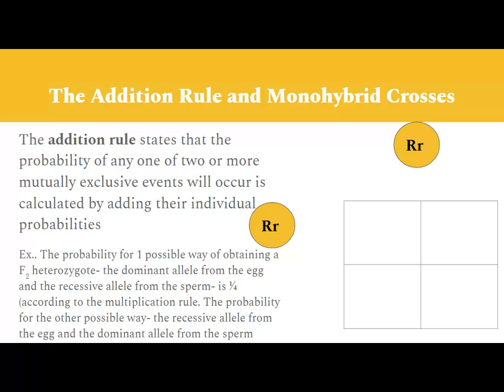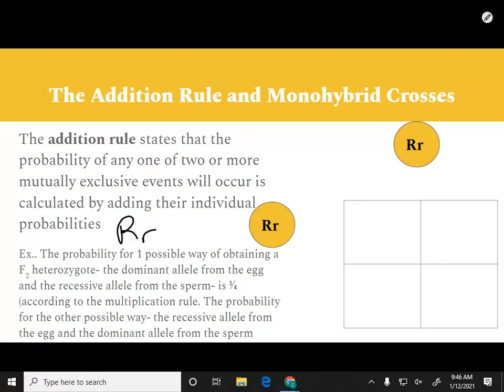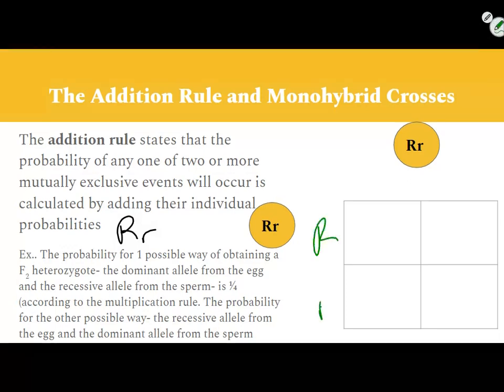So let's say we want a heterozygote from this cross. We want an offspring with the same genetic material as their parents, right? So we could do the Punnett square, easy peasy.